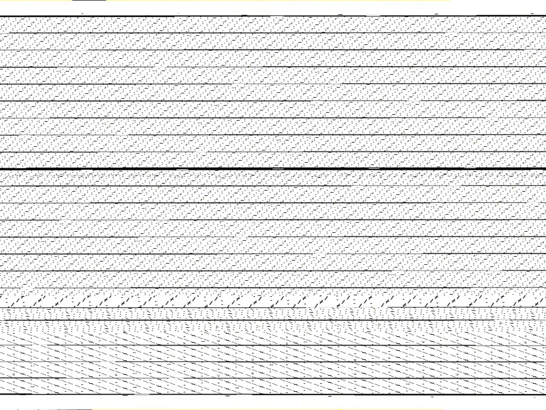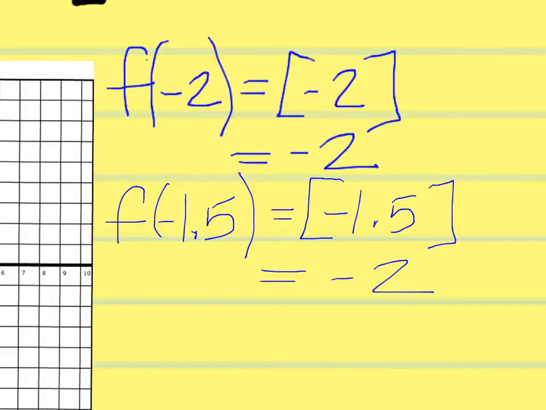The greatest integer that is less than or equal to, is -1 less than -1.5? -2 is right. -2 is the greatest integer that is less than or equal to -1.5. So it comes out to be -2. So I put in a -1.5 and came back with a -2. So it's right here. It falls on this line.